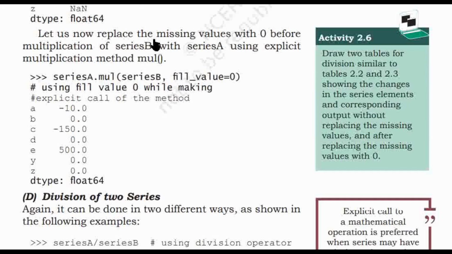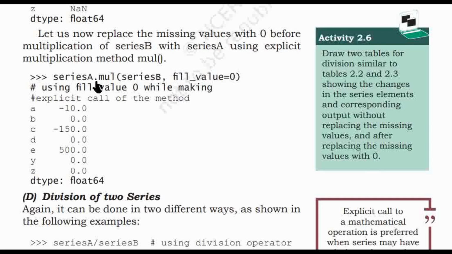Let us now replace the missing value with 0 before multiplication of series B with series A using the explicit multiplication method, mul function. Activity 2.6, draw two tables for division similar to table 2.2 and 2.3, showing the changes in the series elements and corresponding output without replacing the missing value and after replacing the missing values with 0.